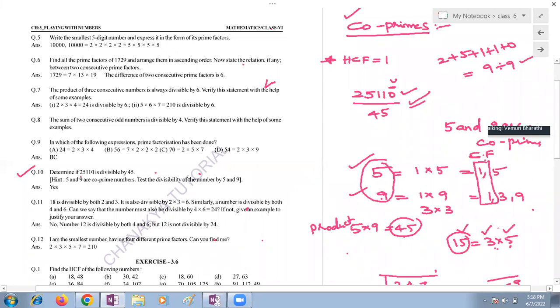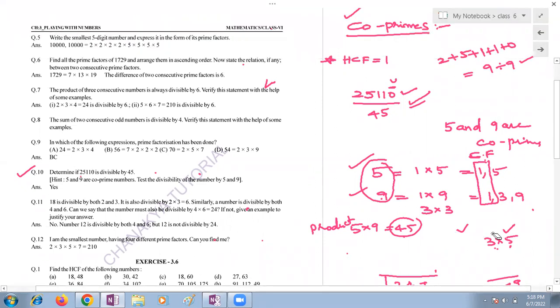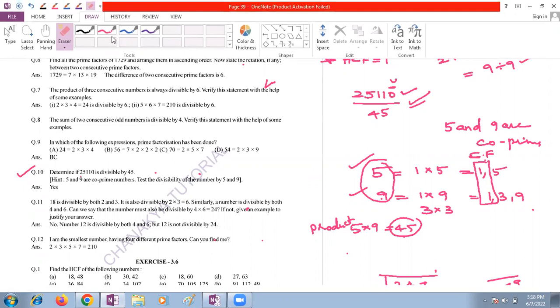Then how can we make the rule for 210? Very good question asked by the child. For 210, we need to express it as a product of co-primes. That is more important.